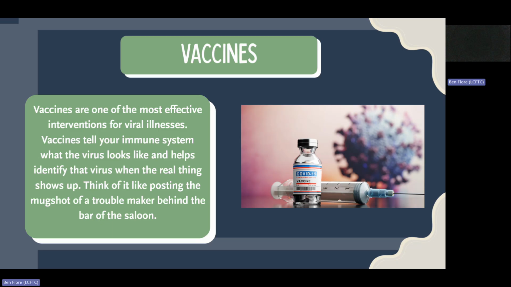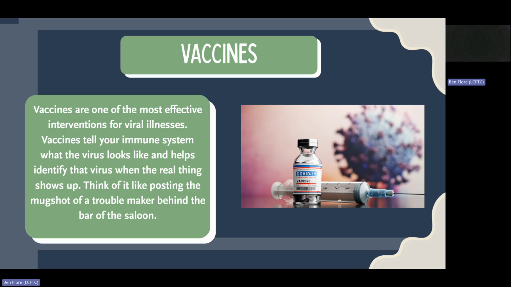So as you may have heard during COVID, they said vaccines do not prevent infection. And that's true, they don't, because you can still become infected with COVID-19 even if you've had all of your vaccines. What the vaccine tends to do is reduce the severity of the infection.